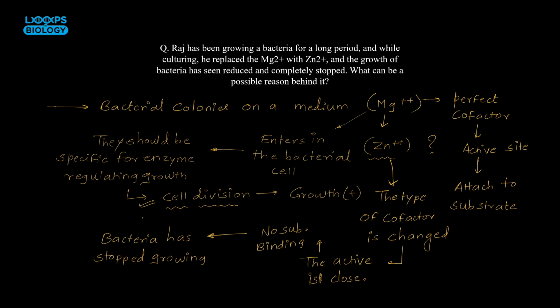So that's why enzyme functioning is very, very important, and the activity of the enzyme is governed by one of the factors, the cofactor, which is nothing but your metallic ion, and that metallic ion has to be Mg2+ or Zn2+.